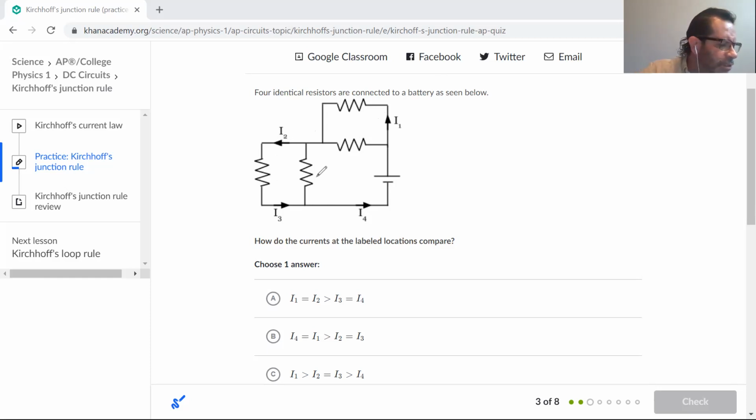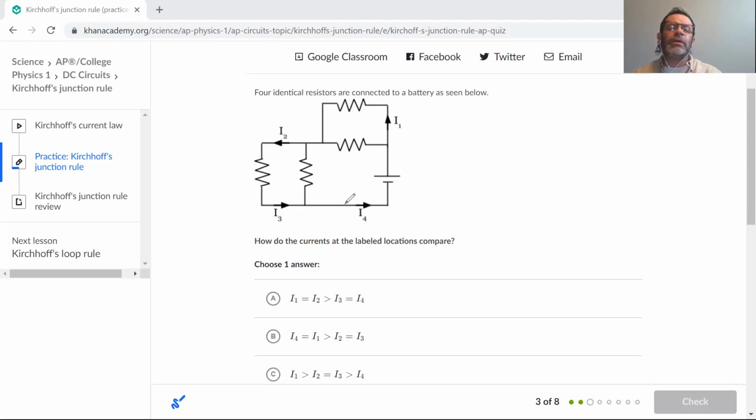Any relationship that we can make with any of these currents that's obvious? I said that when we did it, current number 4 was the biggest one, because we saw the different options.